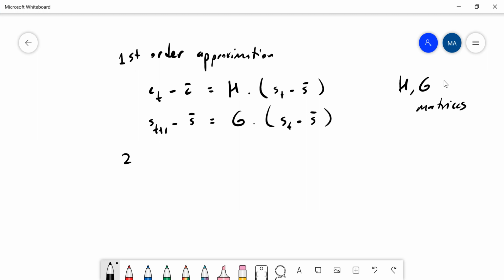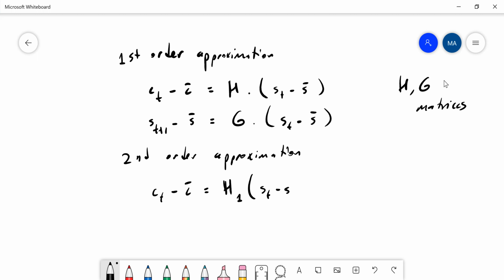Okay, in a second order approximation, obviously you will have something like this, right? First you have H1 (S_t minus S bar), then you have H2 (S_t minus S bar) squared.